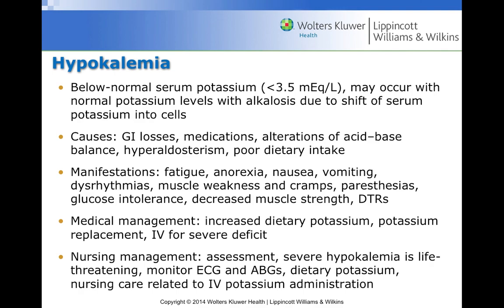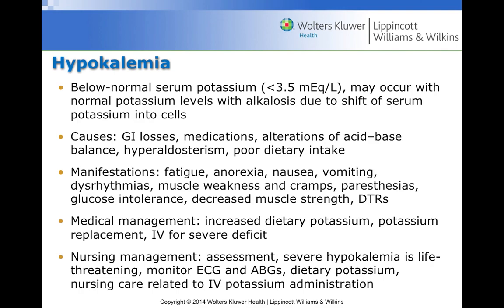So potassium-losing diuretics, such as your thiazides and your loop diuretics, can induce hypokalemia. Vomiting and gastric suctioning frequently lead to hypokalemia, partly because potassium is lost when gastric fluid is lost, and because potassium is lost through the kidneys in response to metabolic alkalosis.